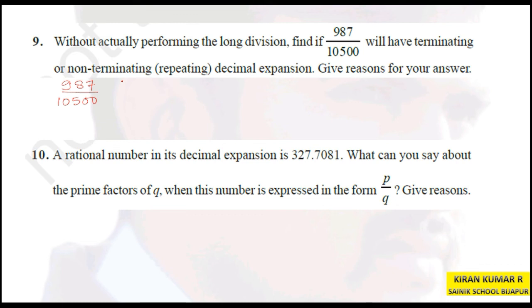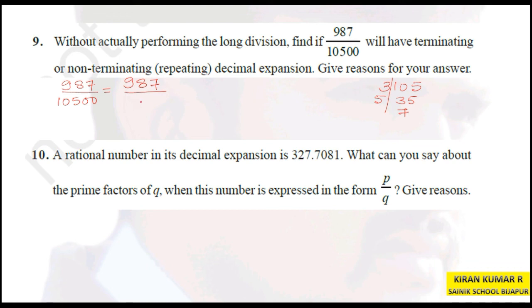To do this, let us express the denominator as a product of primes. Let me divide 105 with 3, it goes 35, 5 7 times. So the rest is 100. 100 is 25 4 times. So 2 square into 5 square.